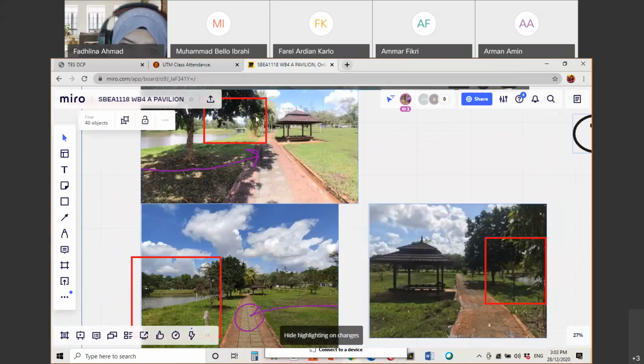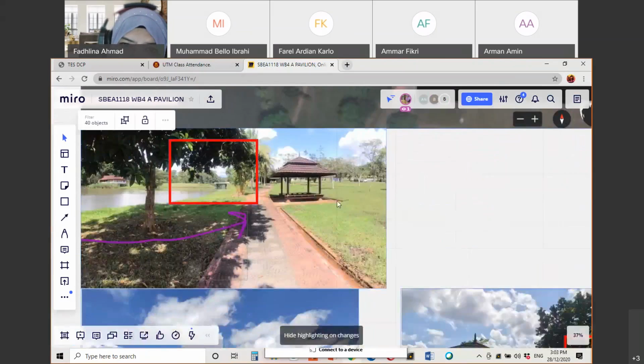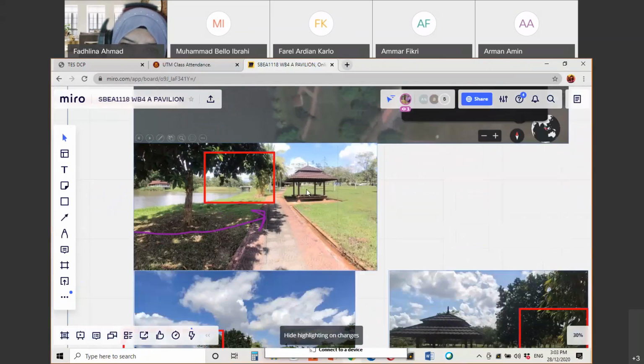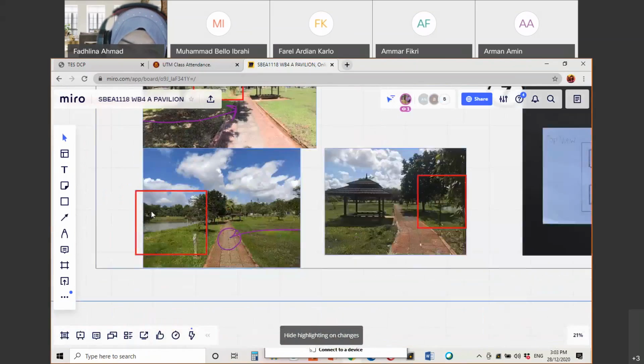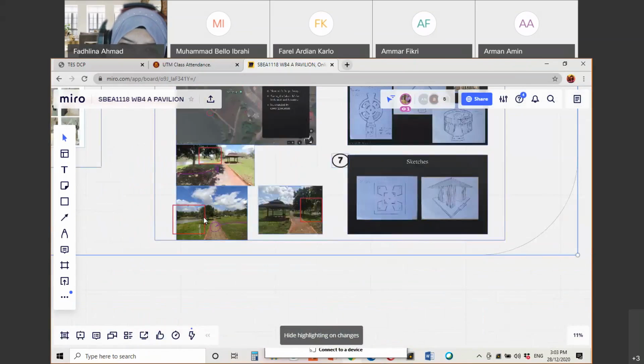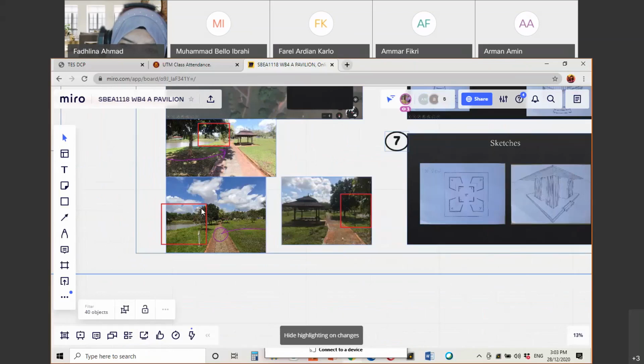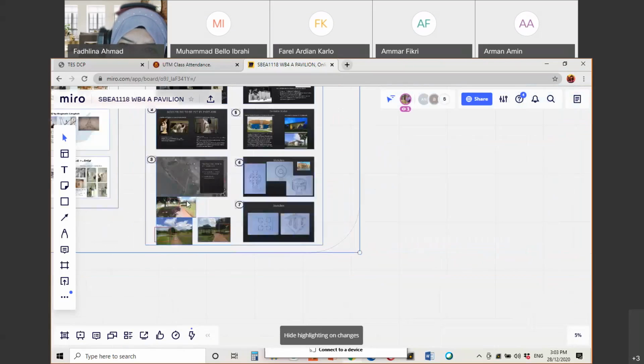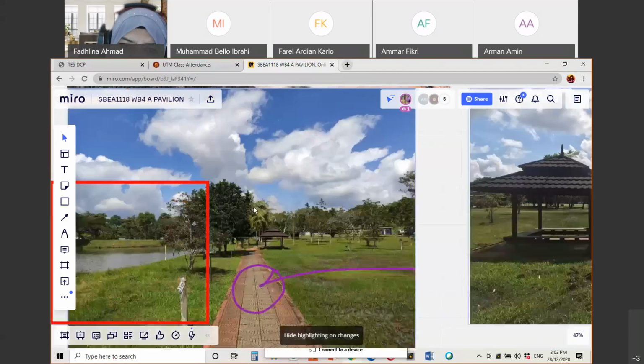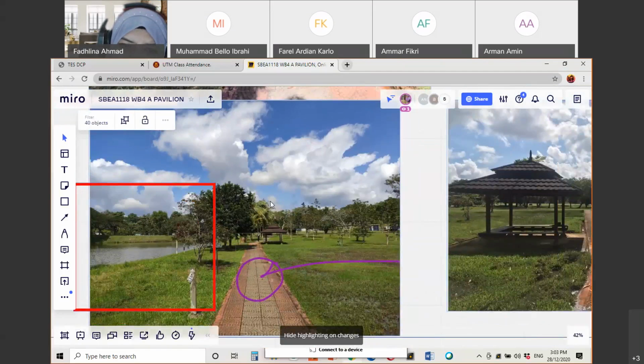So you want to put it somewhere over here in front of the wakaf, right? Yes. But I don't know whether the area is enough to put the pavilion, so I decided to put it at the area in the images below. For now, there are two places that I want to put it.